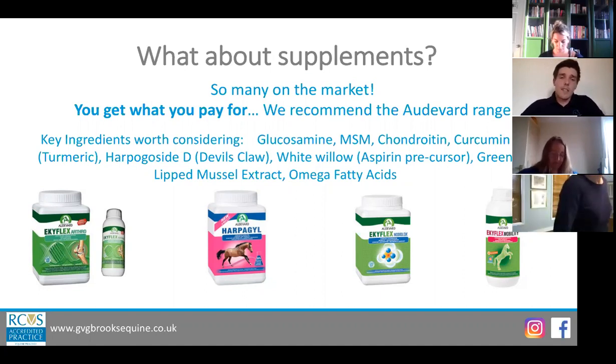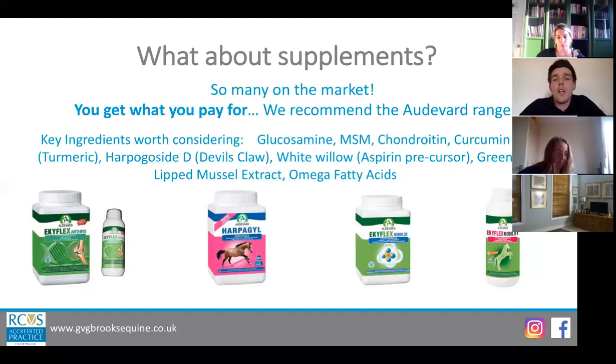For horses that have joints that are a bit stiff and sore all over, we often talk about using devil's claw. Devil's claw is a herb, and it'll often be listed on supplement tubs and bottles by the Latin name, Harpagophytum. But the active ingredient you're interested in, in terms of concentration in the tub, is harpagoside.